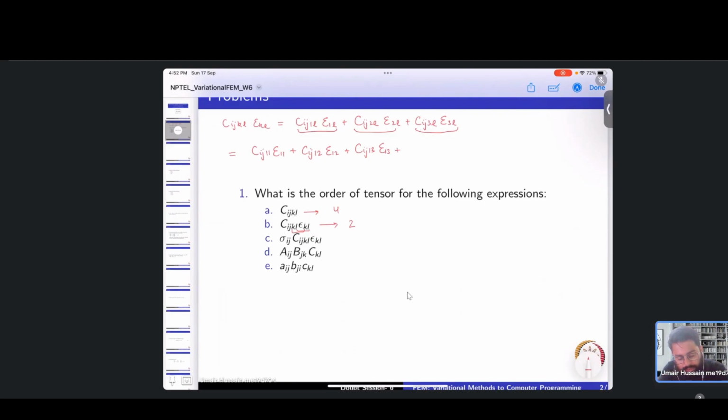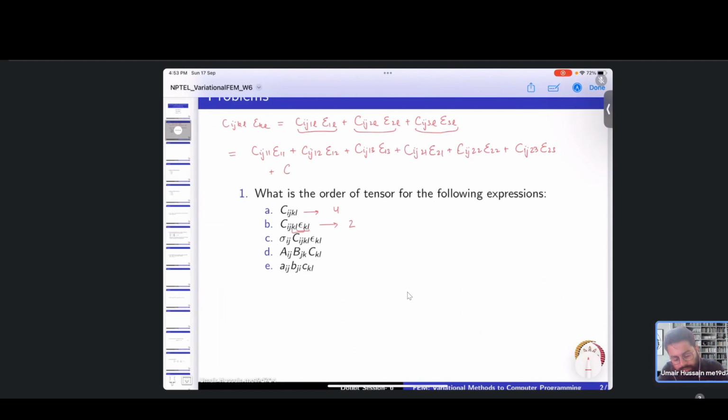Then we expand the second term. We have Cij21 epsilon 21 plus Cij22 epsilon 22, and we have Cij23 epsilon 23. Then we expand the third term.